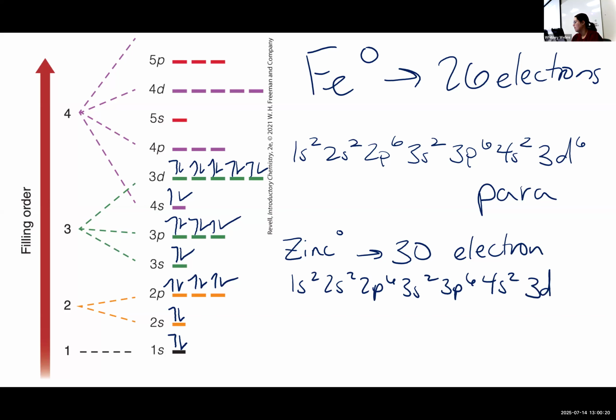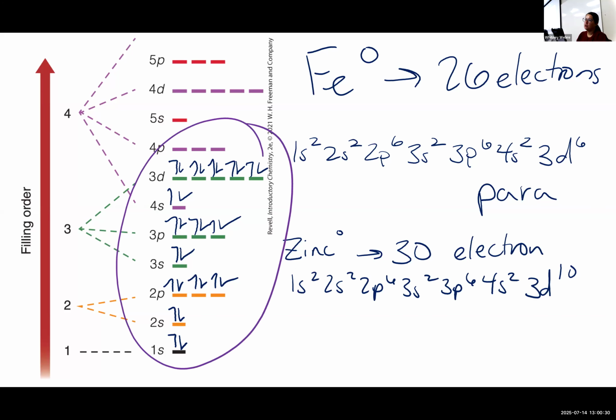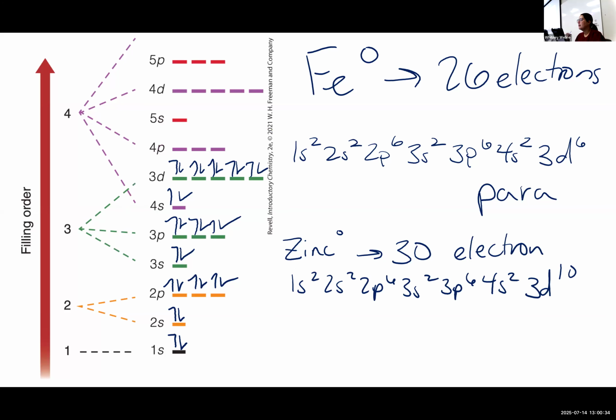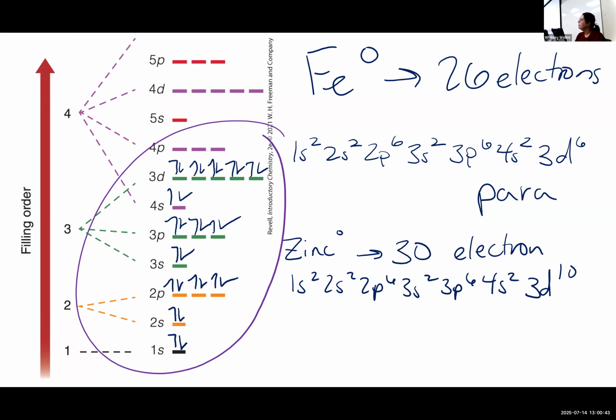I don't know what I was thinking. 10. It should all add up to 30. All of these numbers and the exponents should add up to the total number of electrons. It should all make sense. Is neutral zinc dia or paramagnetic? Every electron has a partner, therefore it's diamagnetic.